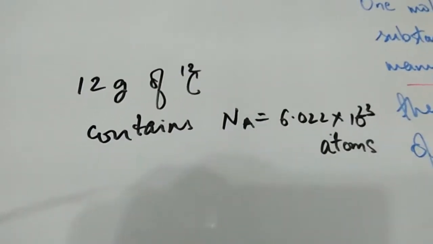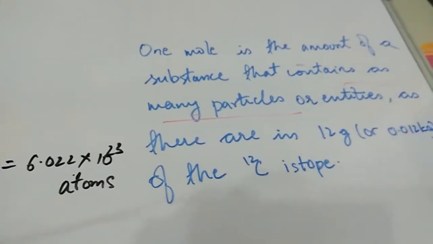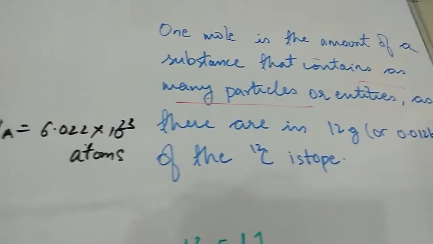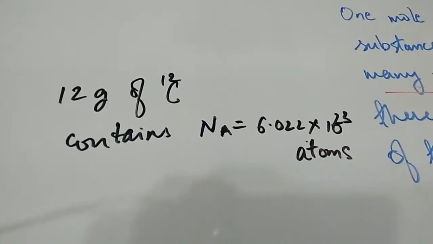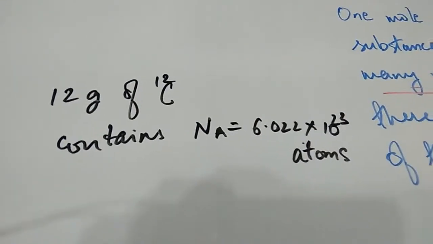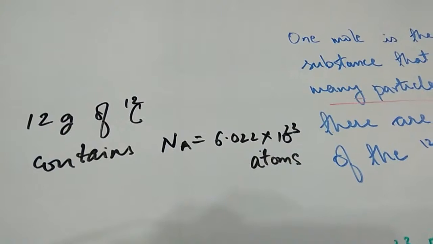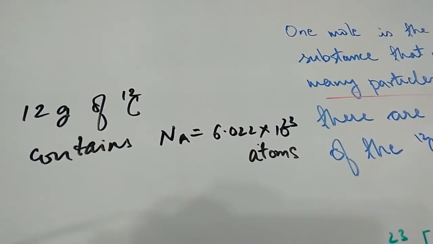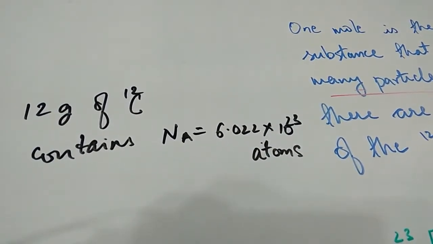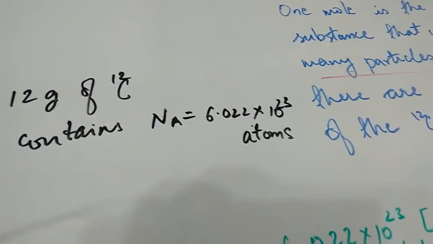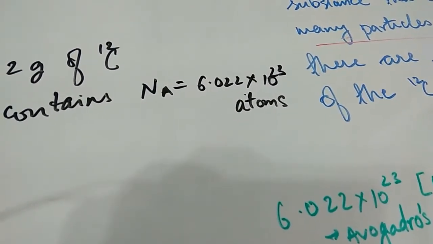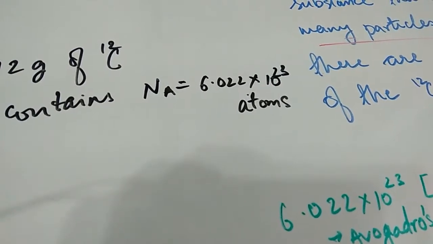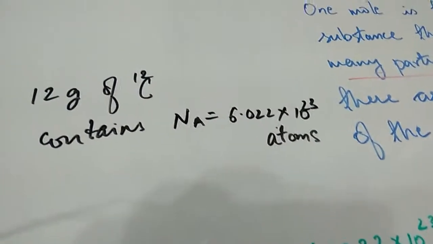Now how do we get to this number? This is the exact definition of a mole, and the thing is, how do we get to this number? If we go by the definition, and you can work it out yourself too, it is known through a device called a mass spectrometer.